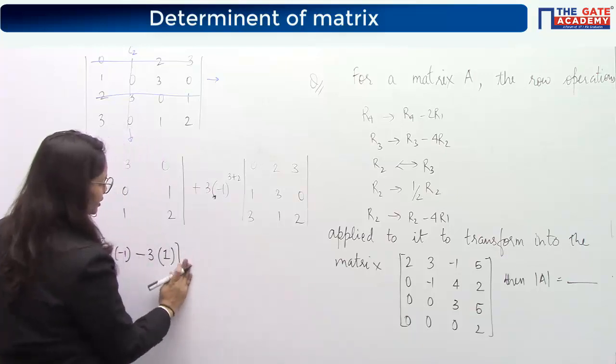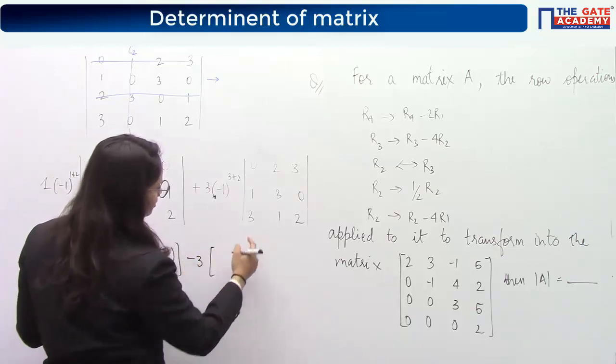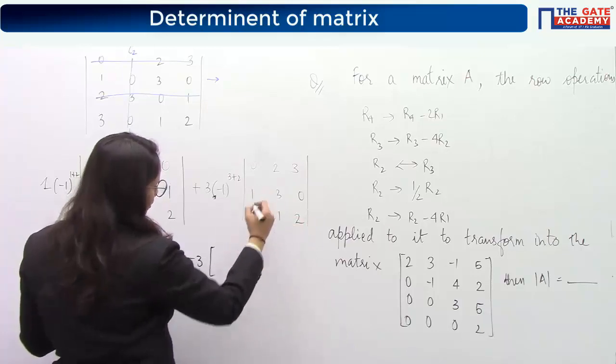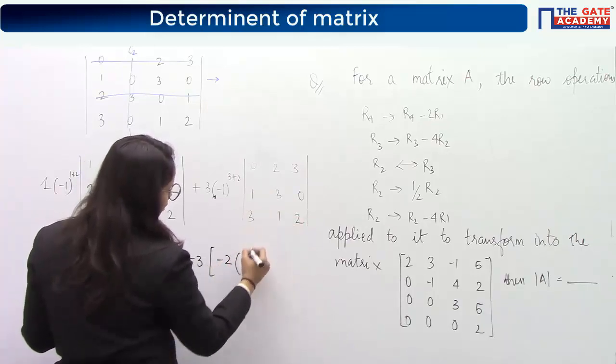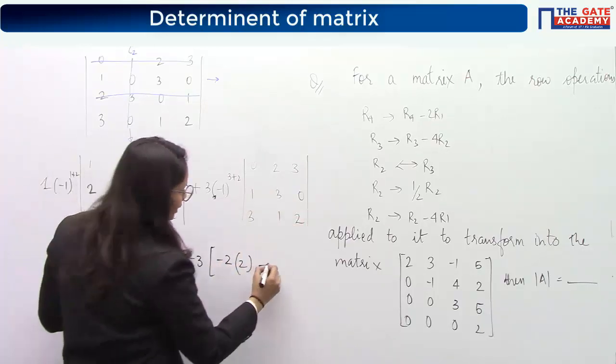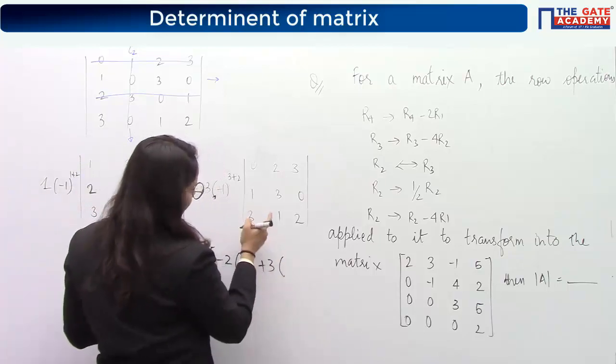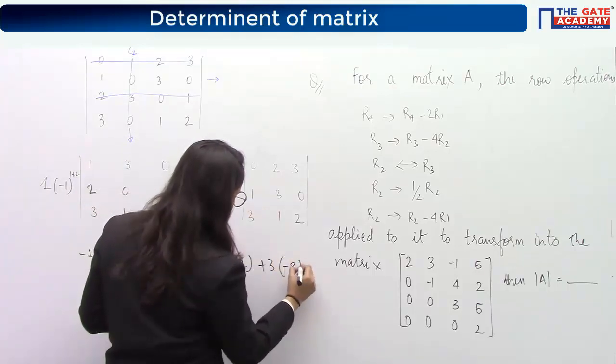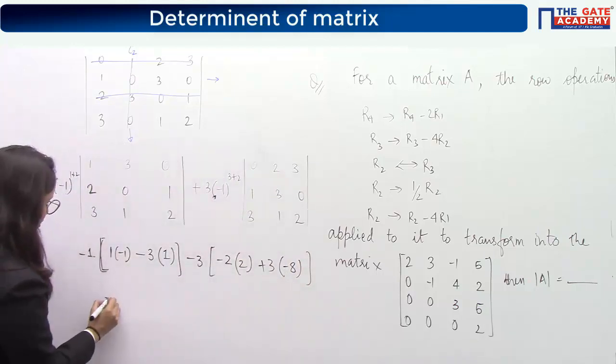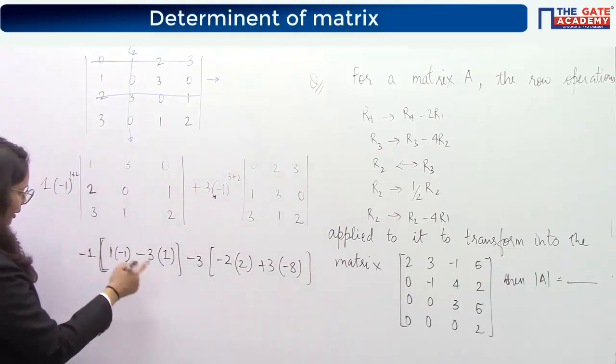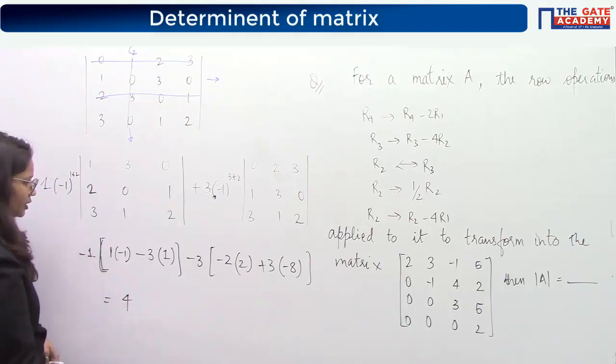Again it will be a minus 3 here. So minus 3 times 0 times anything 0 minus 2 times 2 and plus 3 times 1 minus 9 minus 8. Okay, so minus 1, minus 3, minus 4 and it will come out to plus 4.